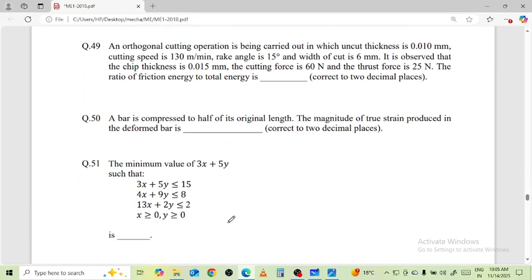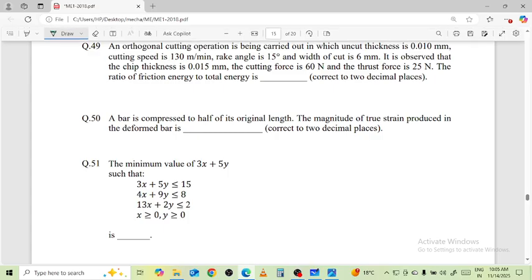Next, an orthogonal cutting operation is being carried out in which uncut thickness is 0.01 millimeter, cutting speed is 130 meter per minute, rake angle 15 degree and width of cut is 6 millimeter. It is observed that the chip thickness is 0.015 millimeter, cutting force 60 Newton and the thrust force 25 Newton.